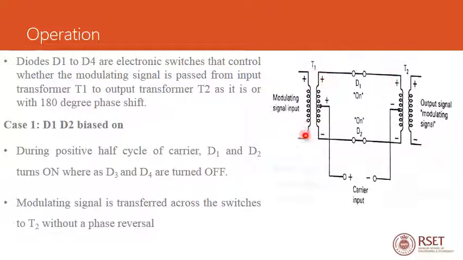Consequently, the modulating signal is transferred across the switches to T2 without a phase reversal, directly from T1 to T2, because the polarity is the same.